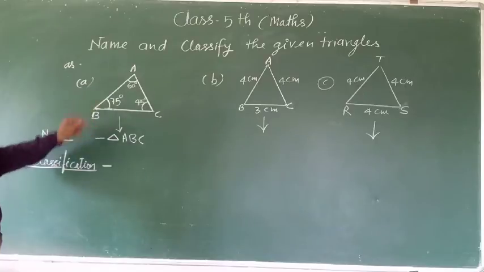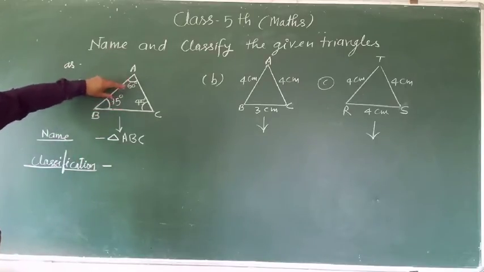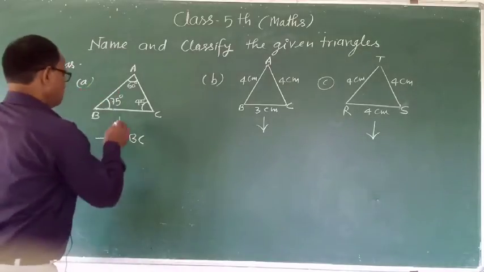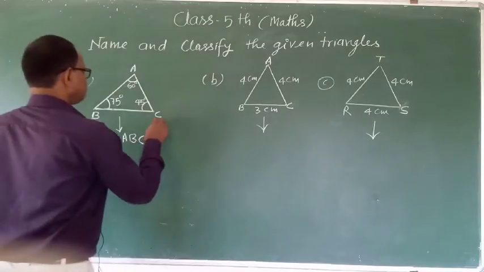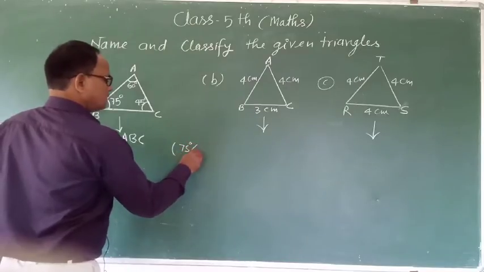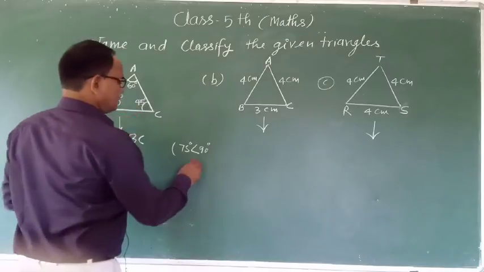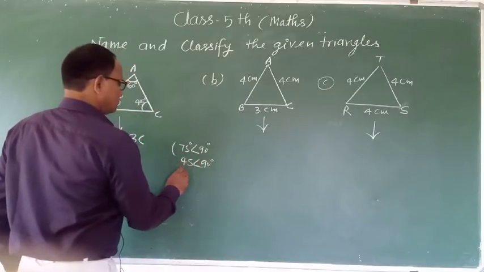ABC is a scalene triangle on the basis of sides and an acute triangle on the basis of angles, because here 75 degrees is less than 90 degrees. All are acute.